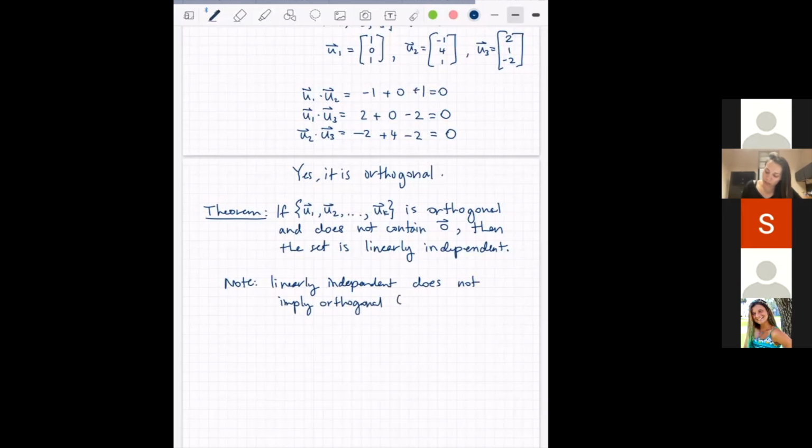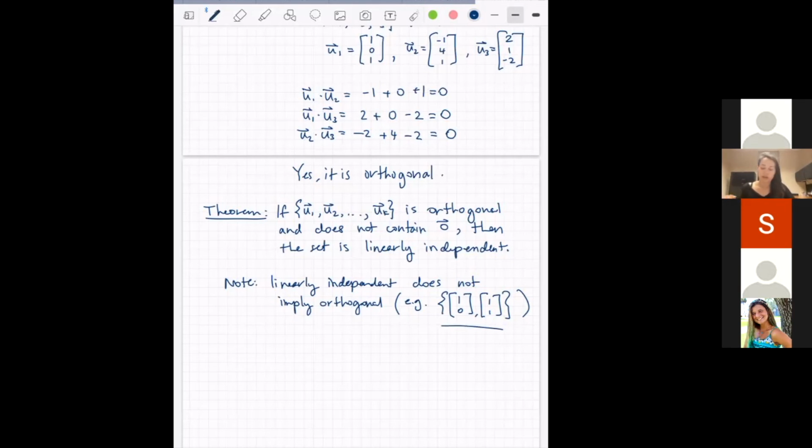For example, if we took the set (1, 0), (1, 1), these are linearly independent, but not orthogonal because their dot product will be 1. Right. So you can double check that this has those properties. But let's go ahead and prove this theorem.